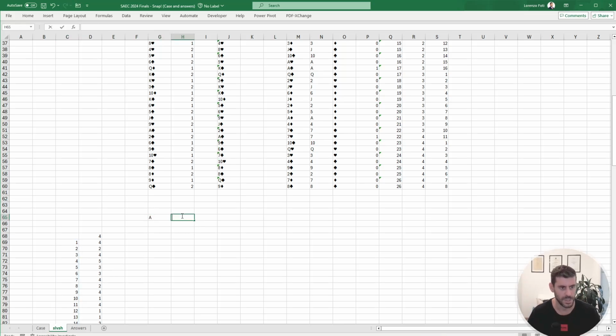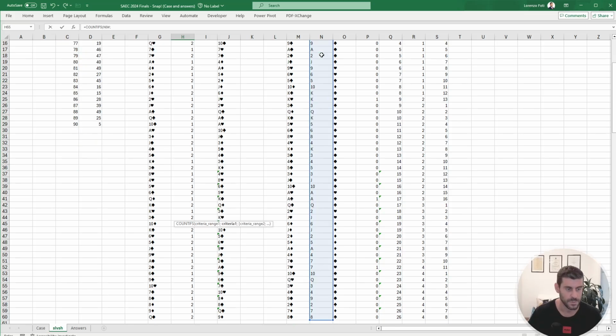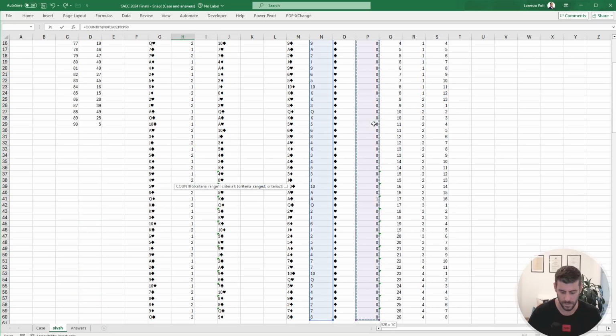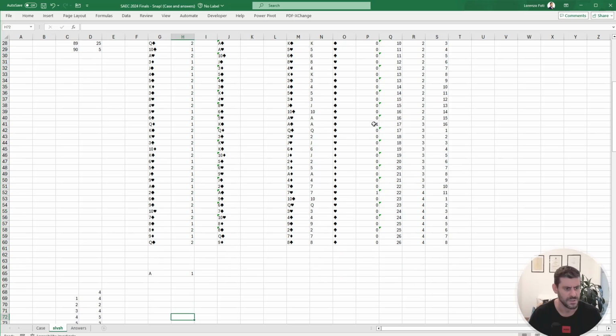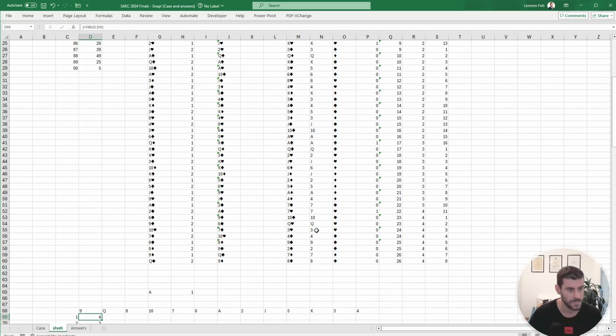So let's take ace, count the Fs, like this. Thirteen cards.